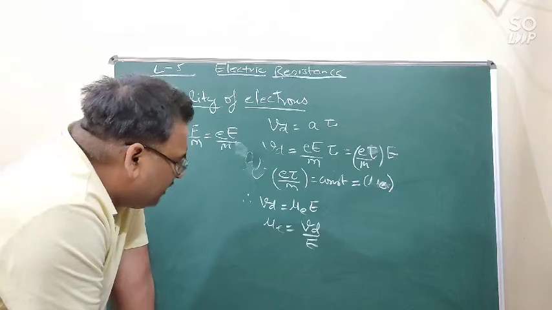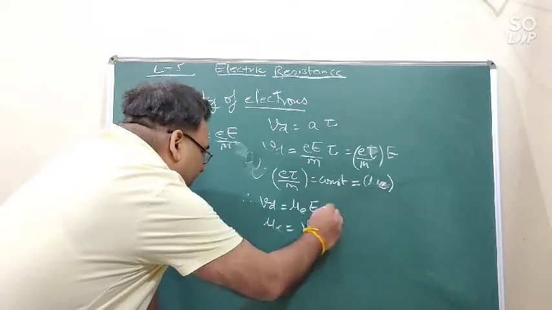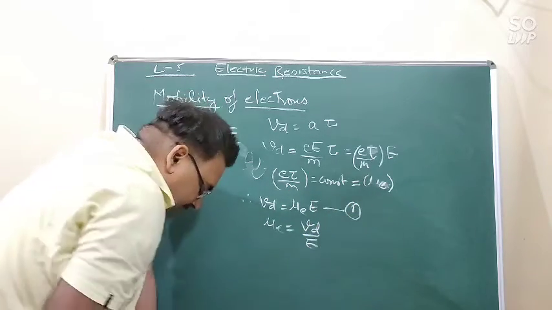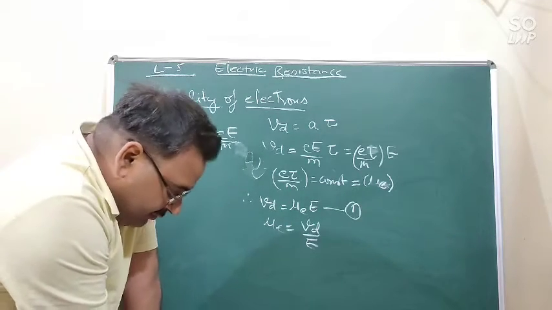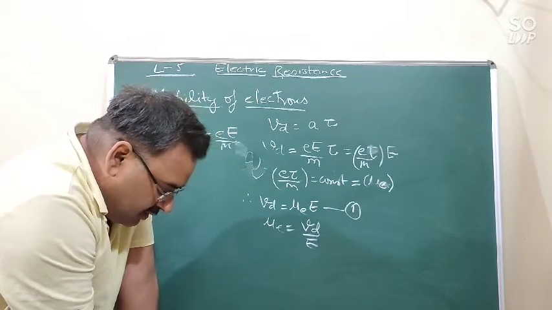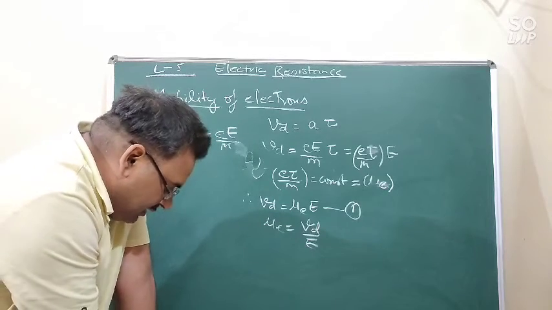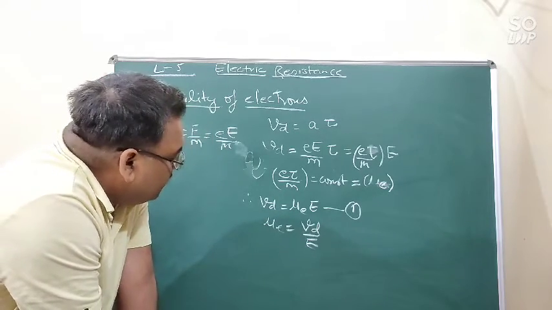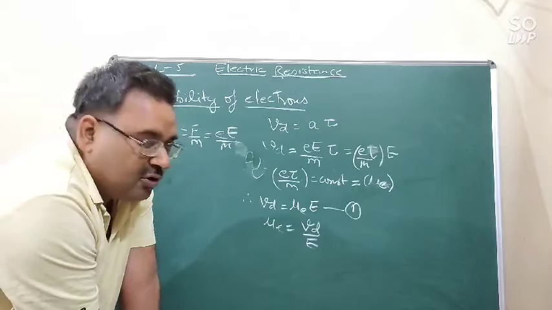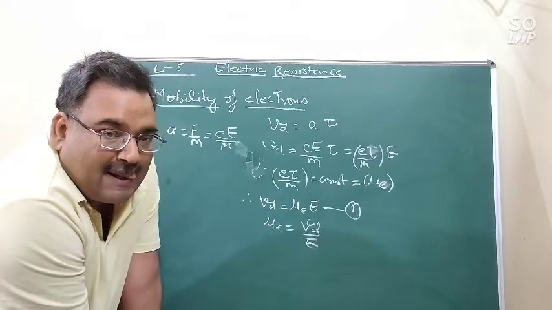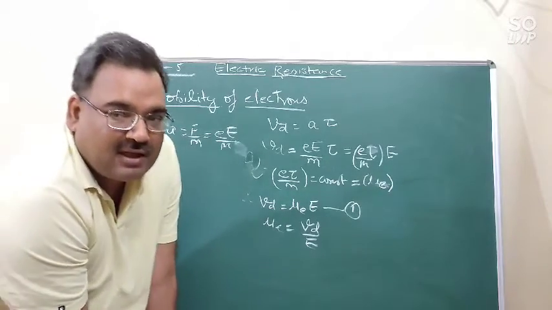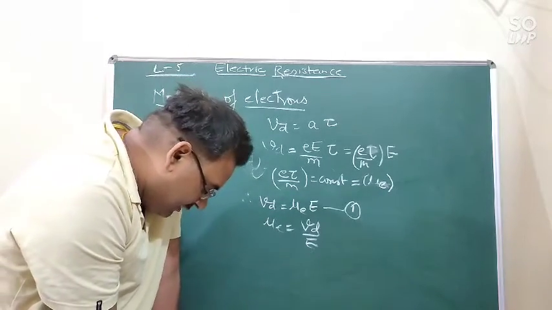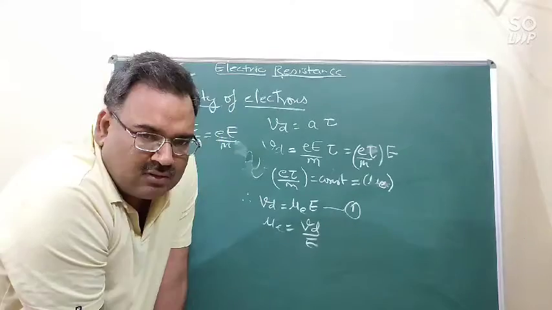So from this equation number 1, it is clear that under the influence of the electric field, an electron drifts with a steady velocity when electric field is applied.